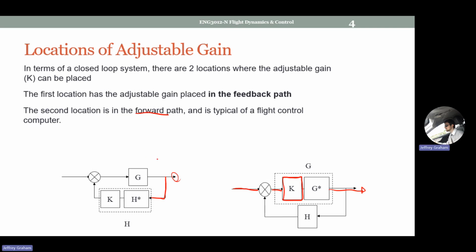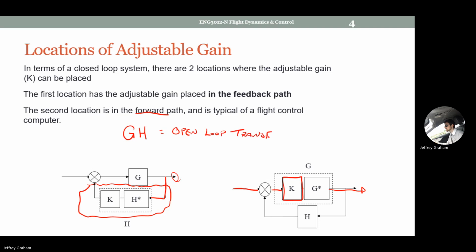In a simple system, we can introduce something called the open loop transfer function. So open loop will typically not have this section, the fundamental concept. So GH is the open loop transfer function.